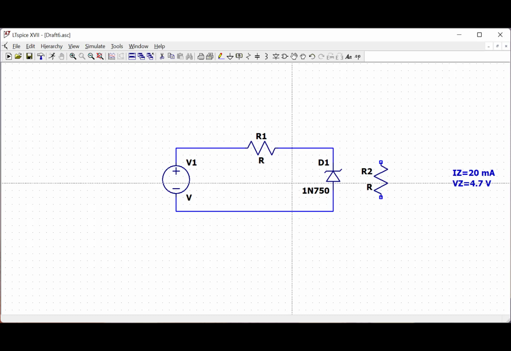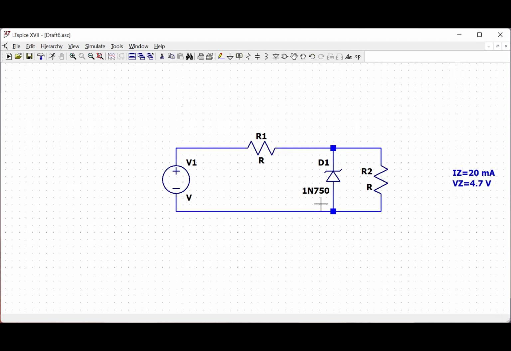This can be seen also as a voltage regulator. In principle, a Zener diode fixes a certain voltage, and so that voltage can be, for instance, transferred to a load, which is exactly what I'm going to put here. The resistor R2 represents the load of this circuit, a resistor across which I would like the voltage to be equal to the voltage across the Zener diode.